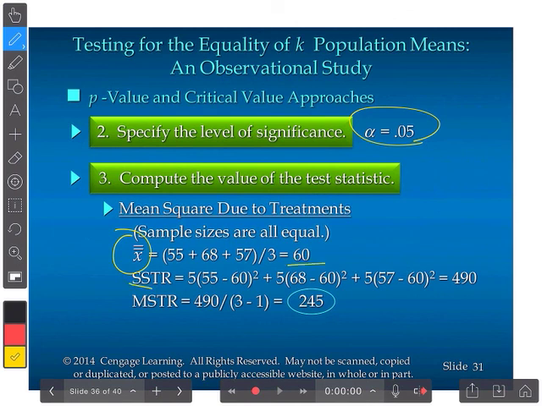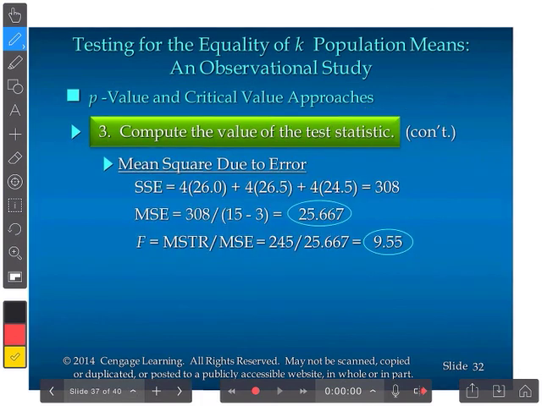Then we take the sum of squares due to treatments, and remember the formula was that we will take each mean and subtract the grand mean from it, square it, and multiply by the sample size. And we do that for the three of them. We get 490 as SSTR. So MSTR is 490 divided by k minus 1, 3 minus 1, 245. Now we're going to find MSE.